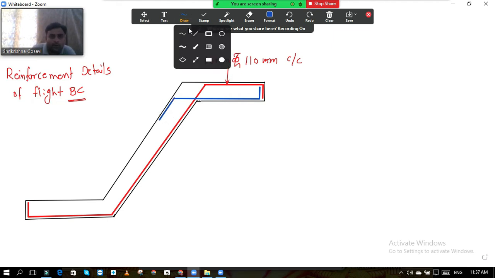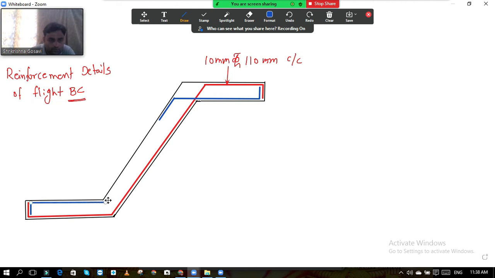Up to the development length it penetrates inside. Okay. This is the profile.